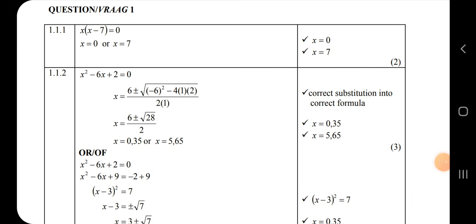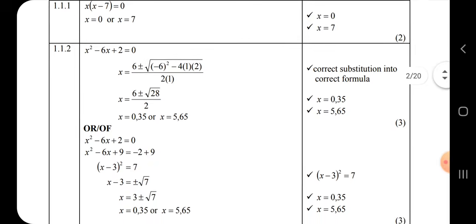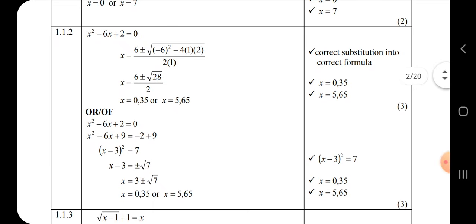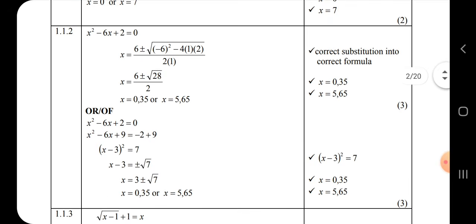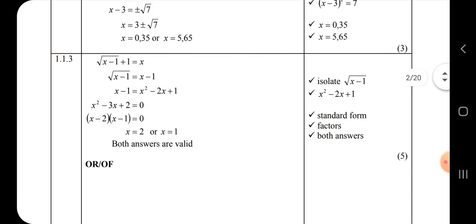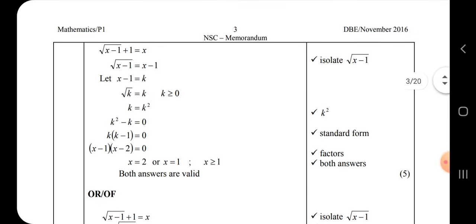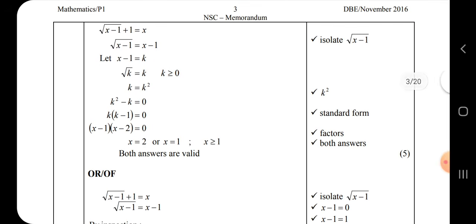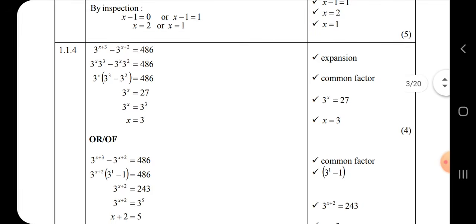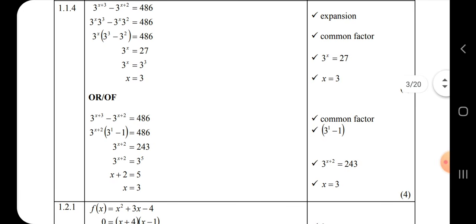So this is how you will be marked on the memo. You will be marked for the 2 x values, and this is how they will mark you. So this is how you should do your work, and then this is how they will mark you. Or you can use the k method, and this is how you will be marked.